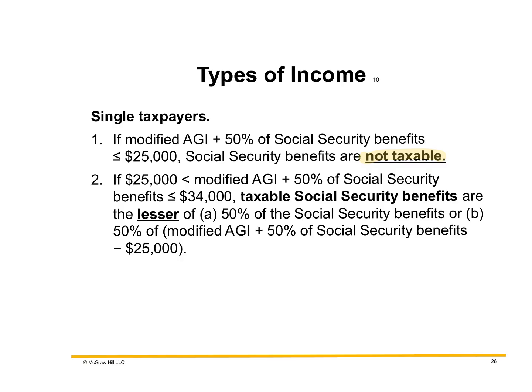If your modified AGI plus 50% of your Social Security benefits is between $25,000 and $34,000, your taxable Social Security benefits are the lesser of A, 50% of the Social Security benefits, or B, 50% of modified AGI plus 50% of Social Security benefits minus $25,000.